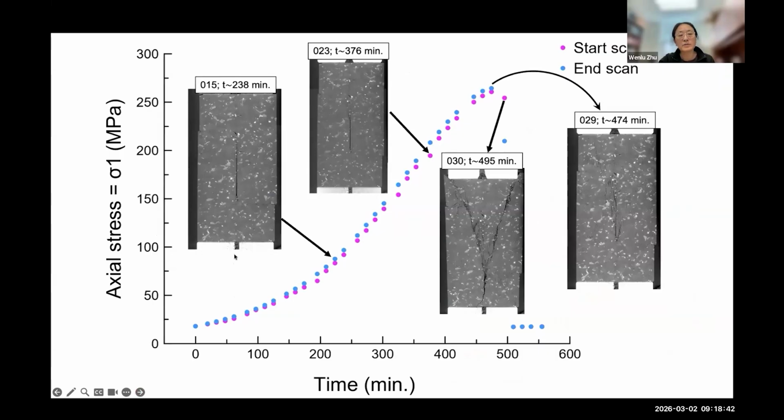Now showing here is one of the experiments we did recently. This curve marks what we call a stress increase. This is the axial stress that's increasing, and this is time.